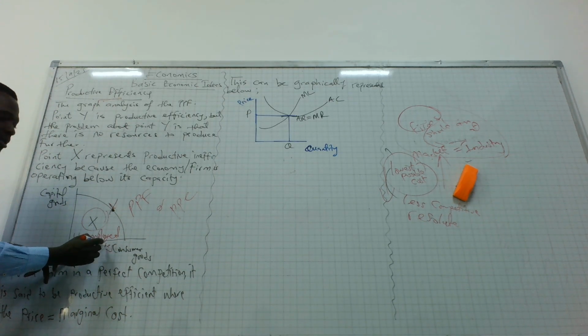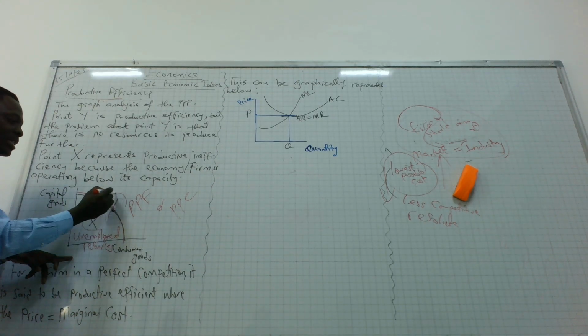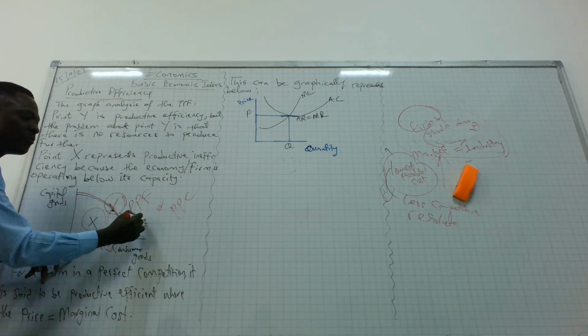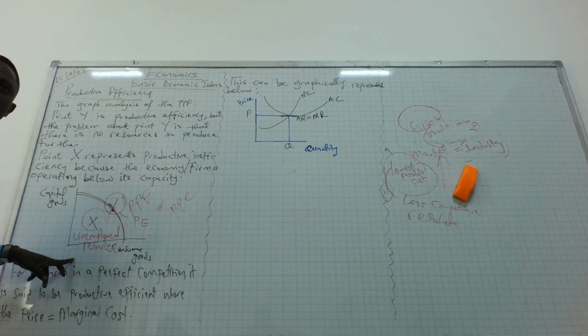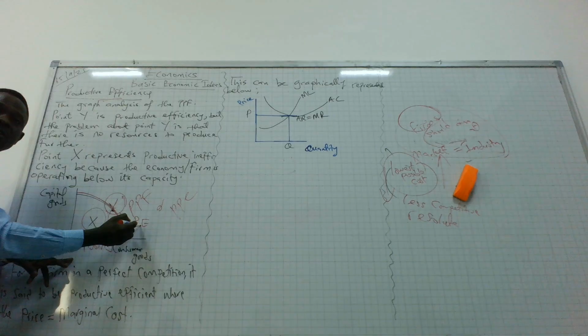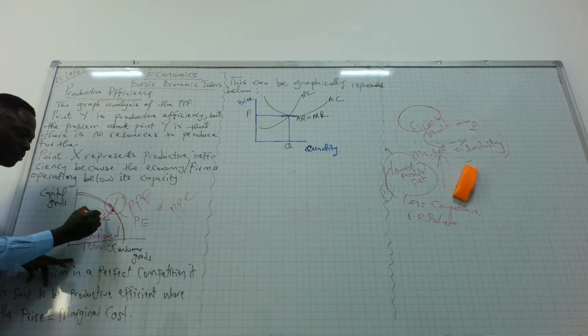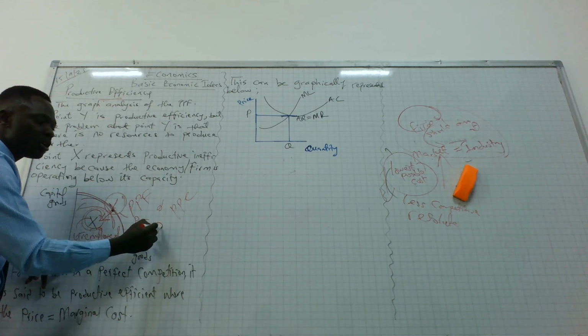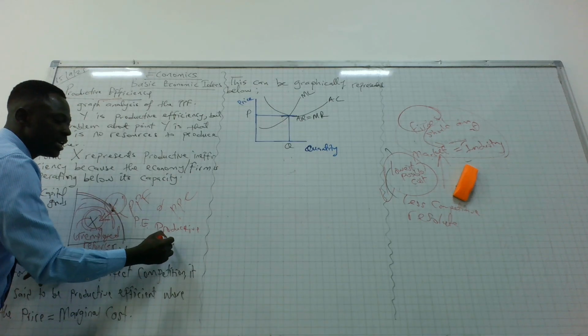Point Y is the boundary, which means this point is productive efficiency. So firms that produce at this point, or an economy that produces at this point, is productively efficient. Producing below this point, at any point here, is considered as productive inefficiency.